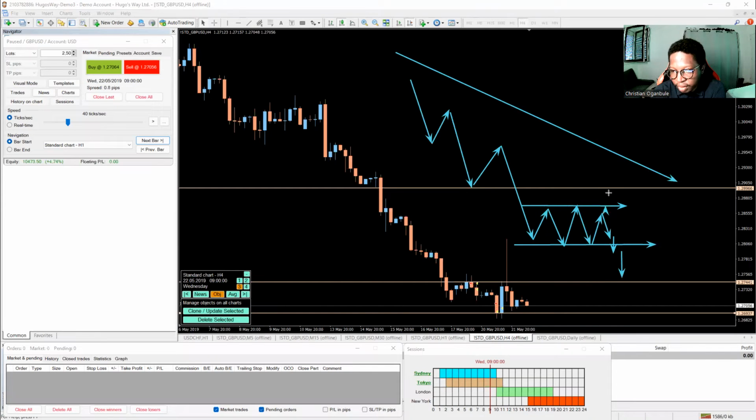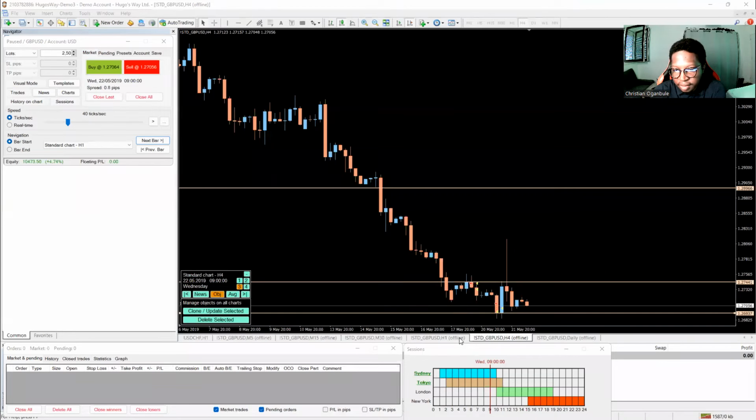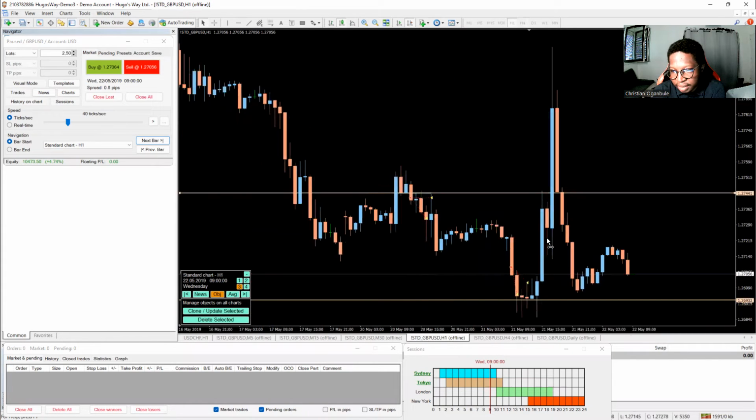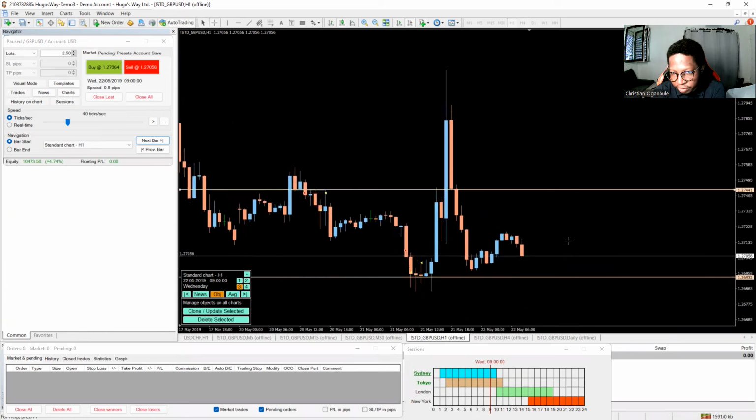For buys, I will need candles to close above, hold support, then continue to the upside. So I'm gonna clone this on the hourly time frame, all right? So the new range we have is actually 48 pips, which is fair enough.